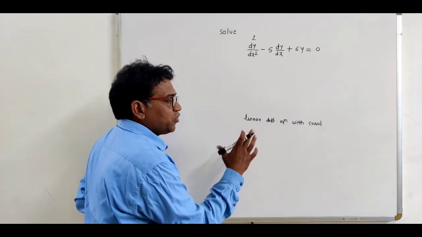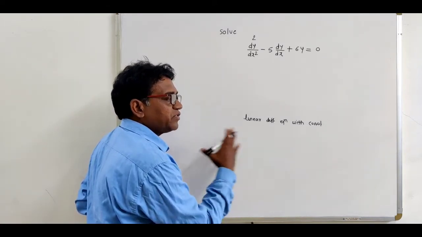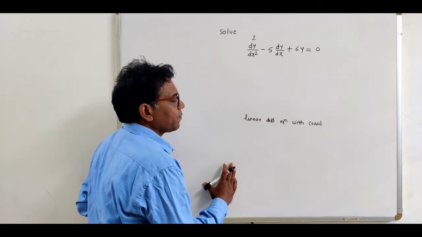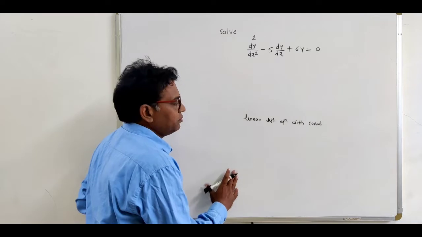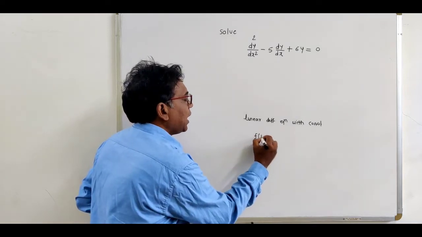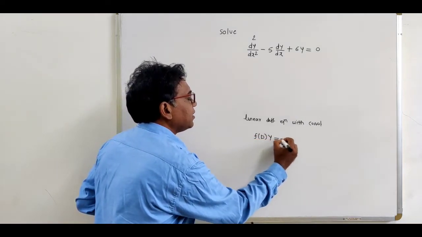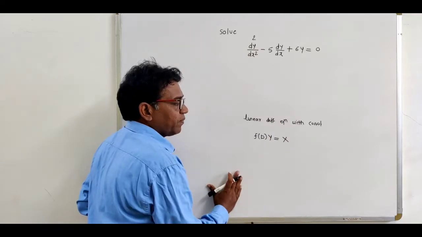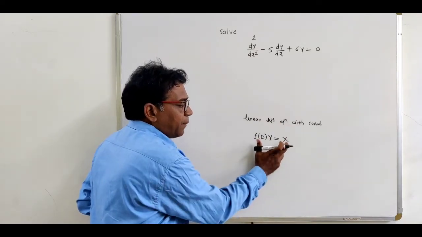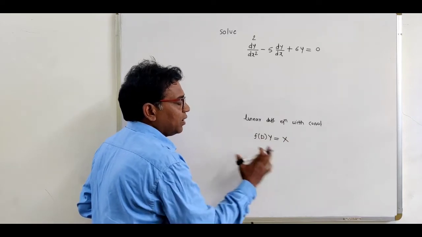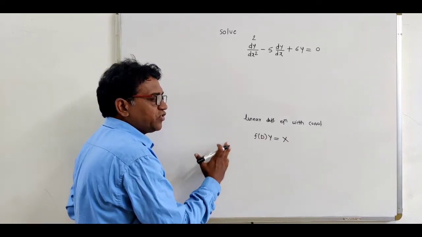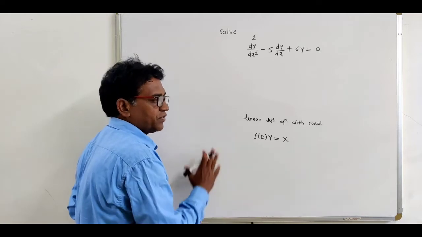What is the definition? A differential equation of the form f(D)y equals capital X, where capital X is a function of x alone, is called a linear differential equation with constant coefficient.